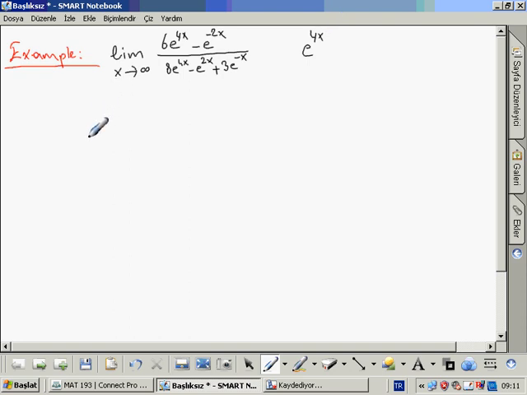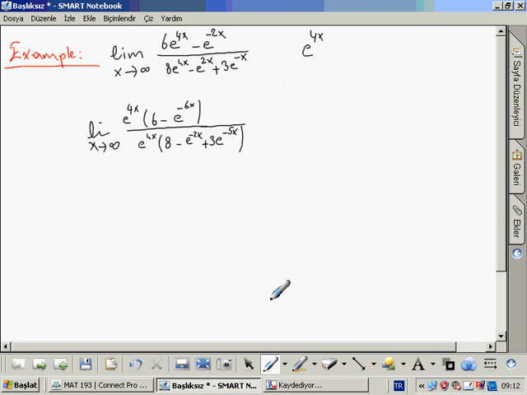Limit as x approaches infinity, e to the 4x factored out, and in the parenthesis it will be 6 minus e to the minus 6x, over e to the 4x times 8 minus e to the minus 2x plus 3 times e to the minus 5x.